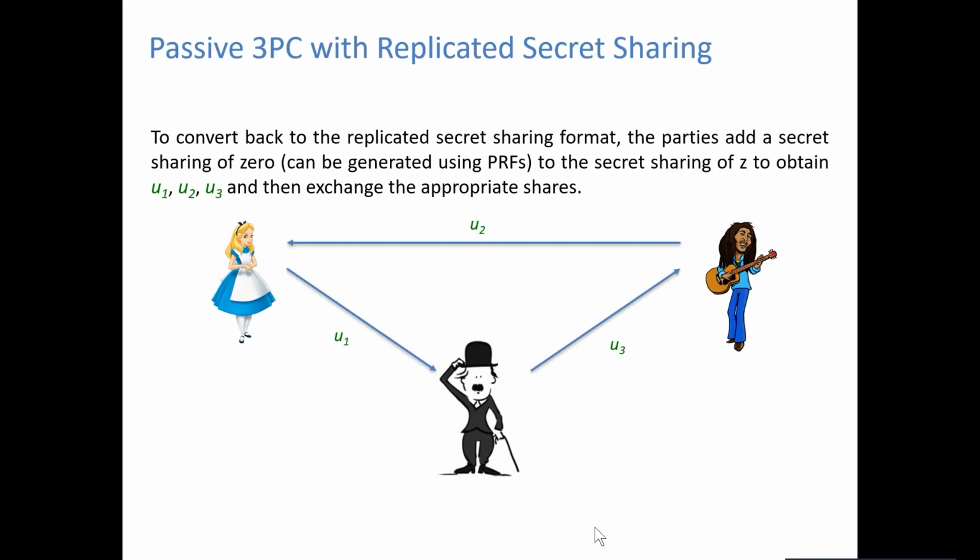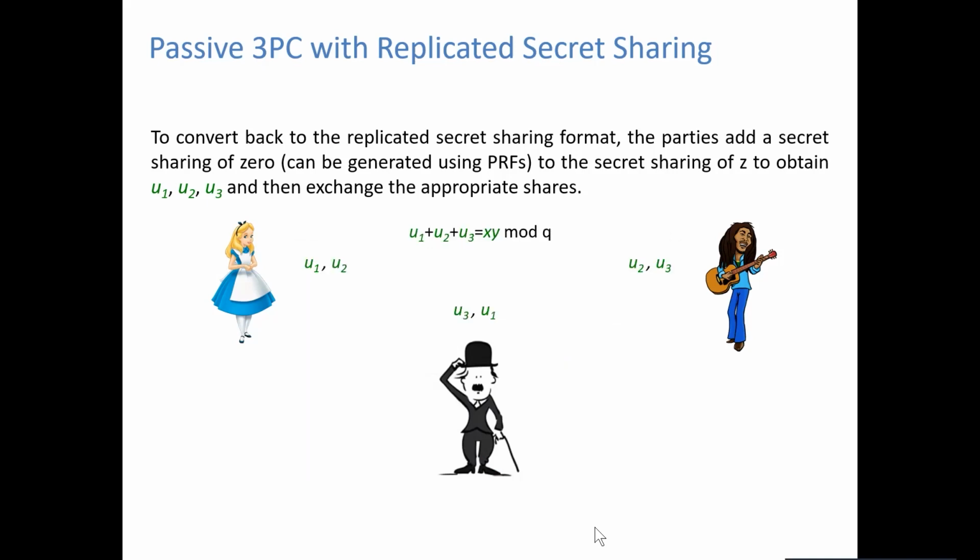So essentially, to convert back from the additive secret sharing to the replicated one, you need one round of communication where 3 group elements will be exchanged by the parties. Every party sends one group element and receives one. But then you are back to this replicated secret sharing, right? So that's the underlying MPC technique that we use, and it's used quite a lot in the PPML solutions based on MPC.